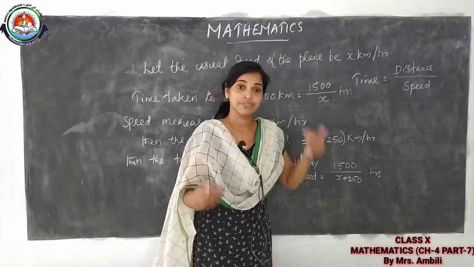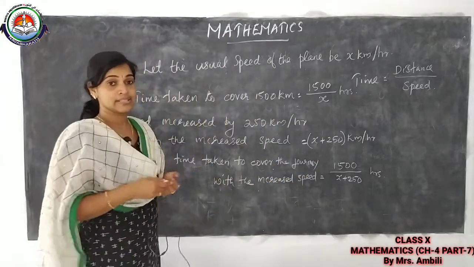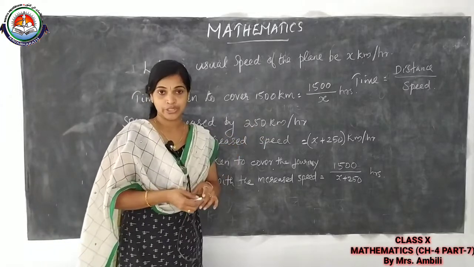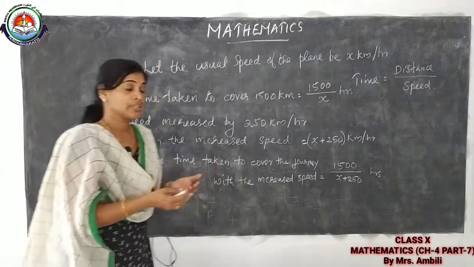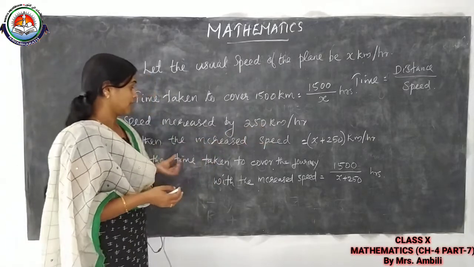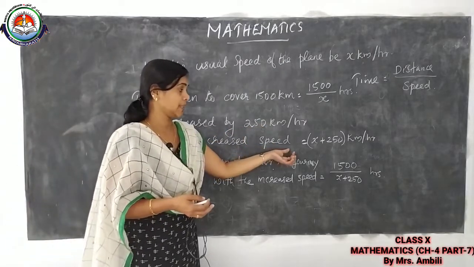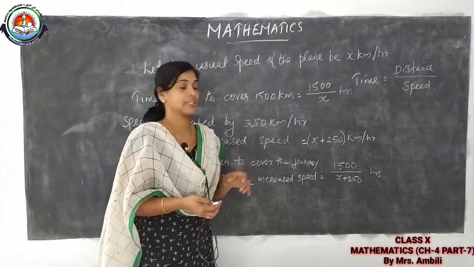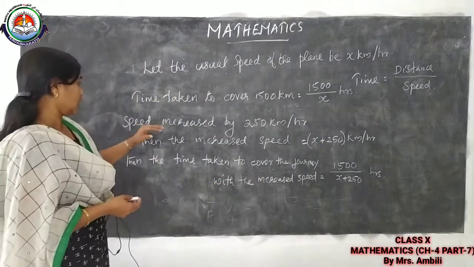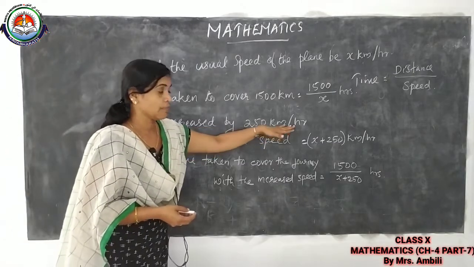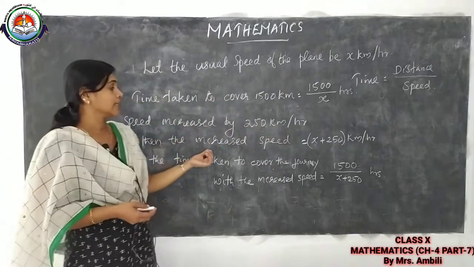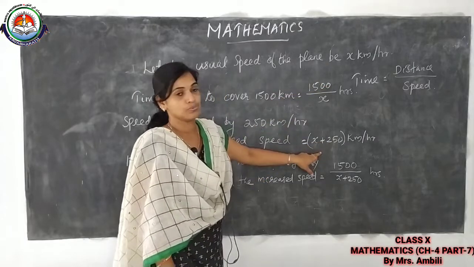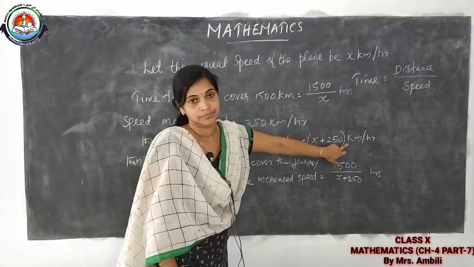Okay. So, after that, to reach its destination, the plane increased its speed by 250 km per hour. So, after increasing its speed, what is the increased speed? That is x plus 250 km per hour.